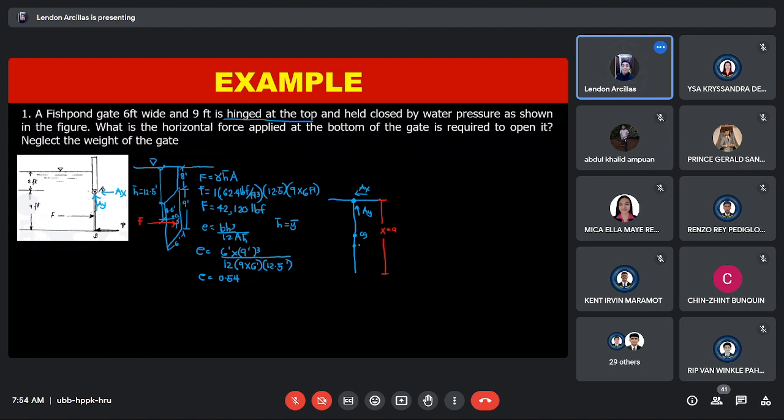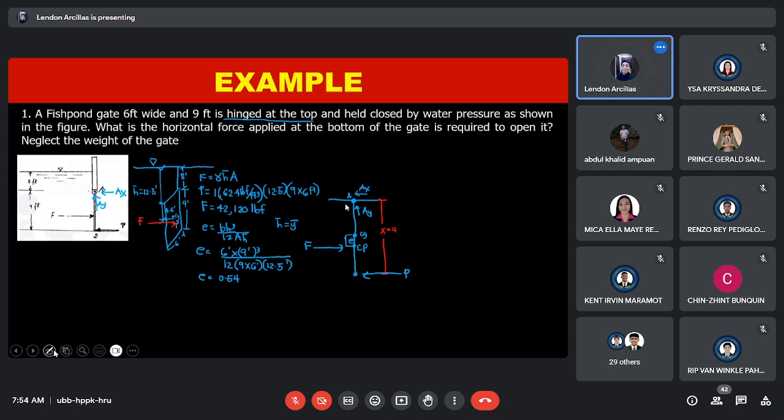CP. And we all know that CG and CP is 0.54. So, kailangan natin kunin yung value ng force P. So, ang F ay nandito, right? Yan. So, kailangan natin kunin yung force P since meron na tayong value ng F. So, we need to take moment at point A para makuha natin yung forces sa P.